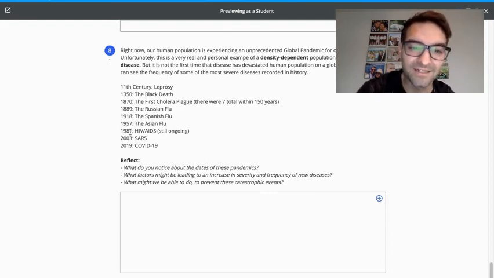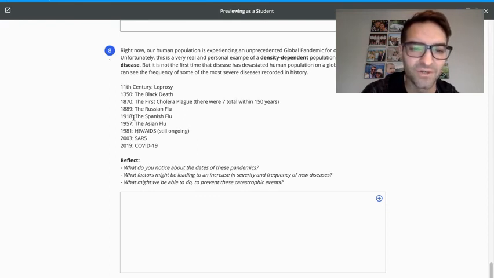Then through the 1900s, you have three major pandemics, and they're a little spread out, but also within 20 to 30 years of each other.